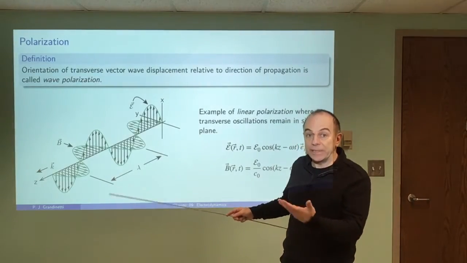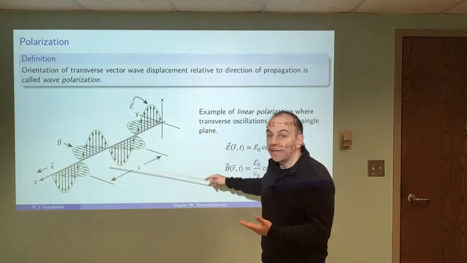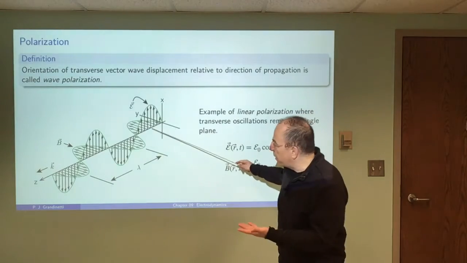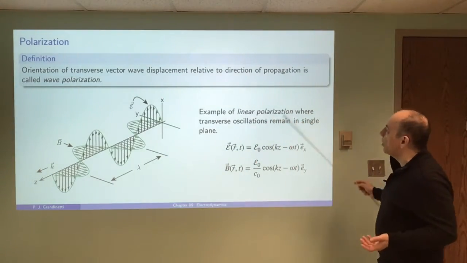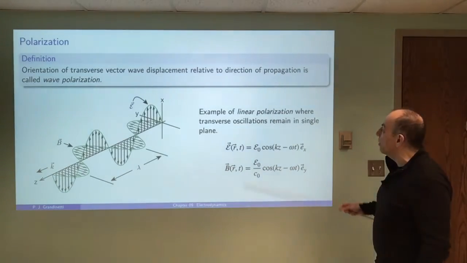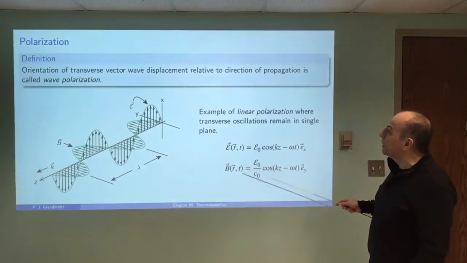Similarly for the B, perpendicular to the E, the B's were oscillating in that one plane as the wave moved forward. This is an example of what's called a linearly polarized wave, where the oscillations remain in a single plane.